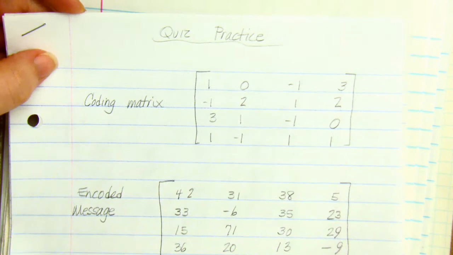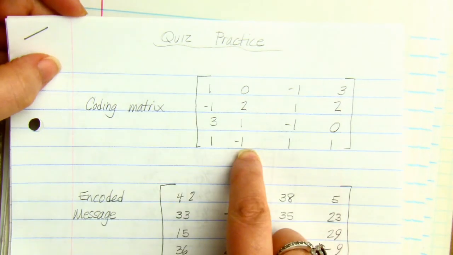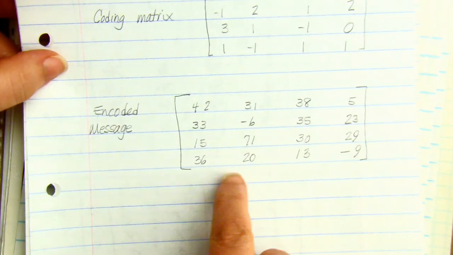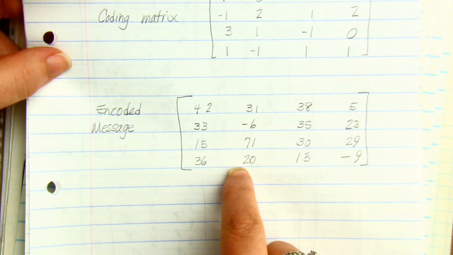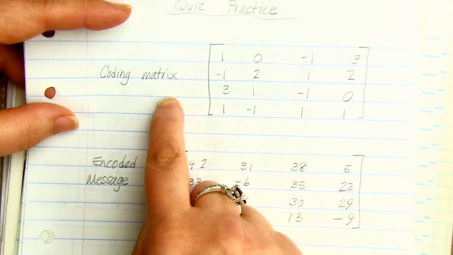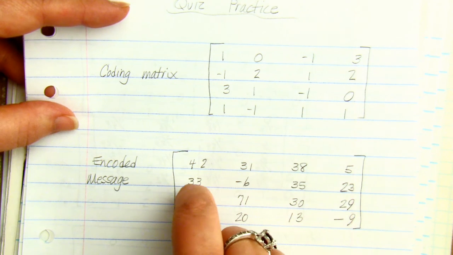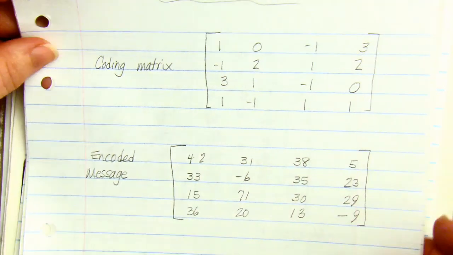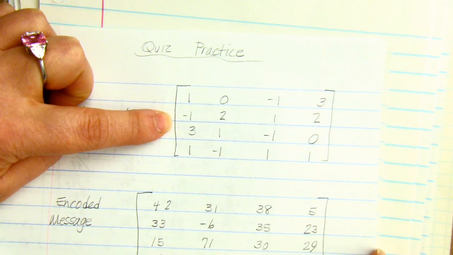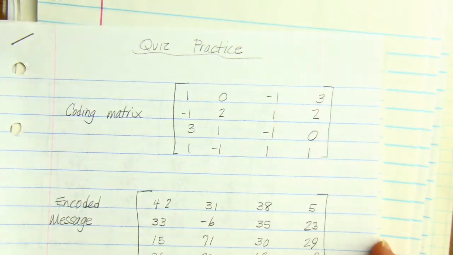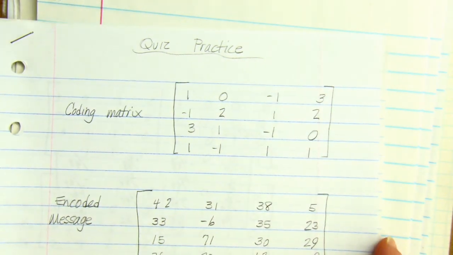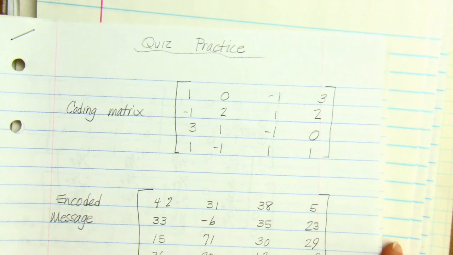Here, you'll be given a coding matrix, and then you'll be given a scrambled up message. I have to find the inverse of the coding matrix and then multiply it with the encoded message to descramble it. Notice this is not a 2 by 2, so we can't use that quick way of finding the inverse. You're going to have to actually do row operations.